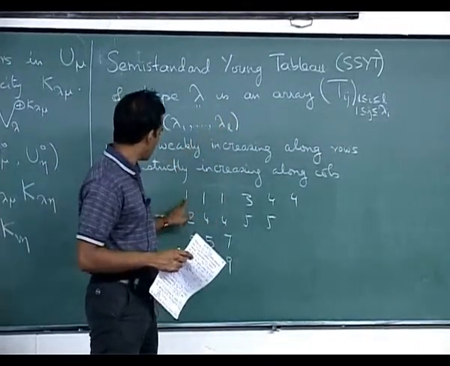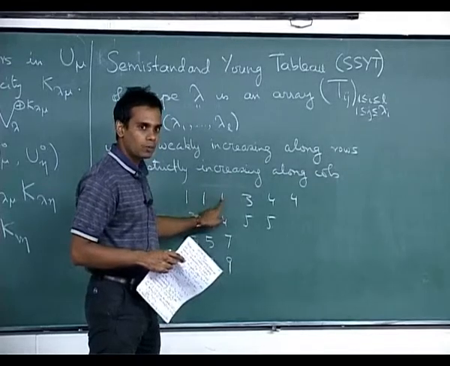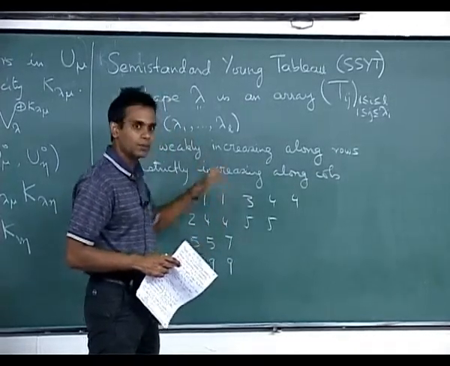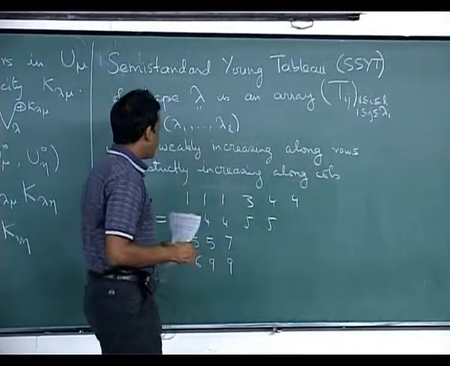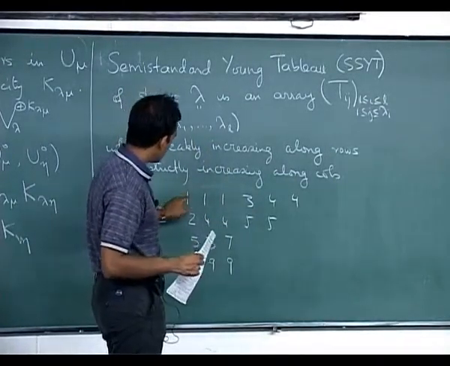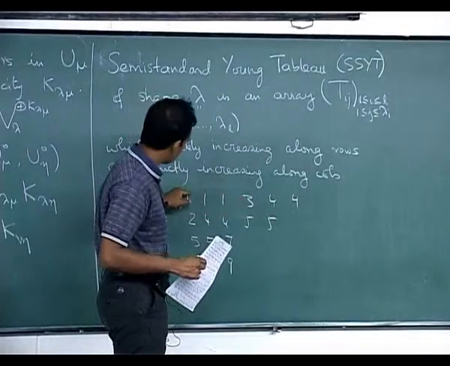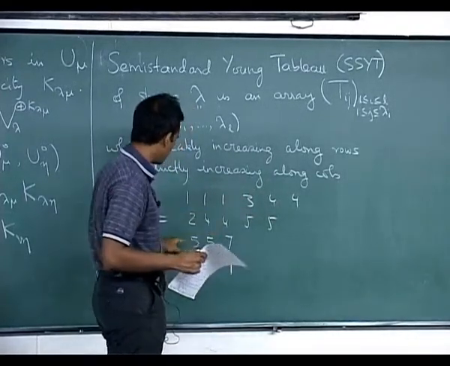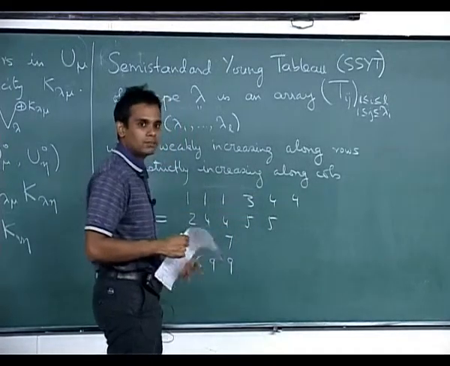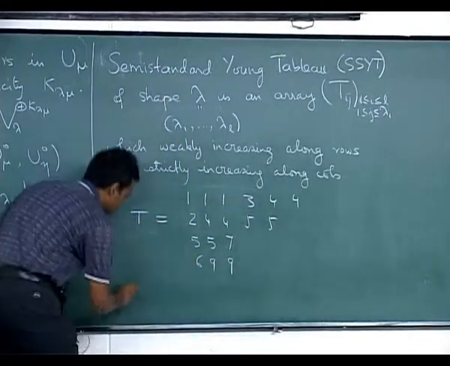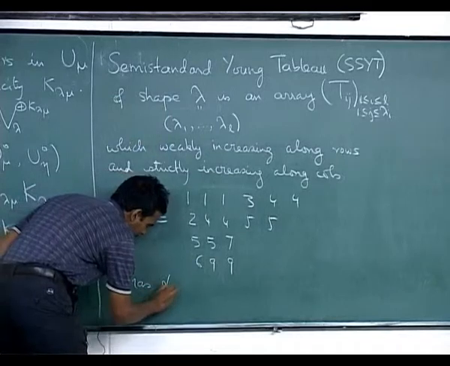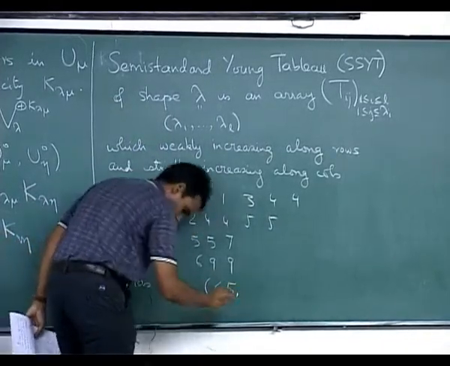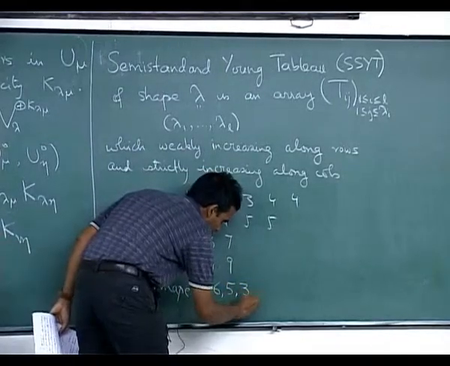So, this is (1,1), this is (1,2), (1,3), (2,1), (2,2), (2,3), (3,1) and so on. This has shape, well, there are 6 entries in the first row, there are 5 entries in the second row, 3 entries in each of the third and fourth rows. It has shape 6, 5, 3, 3.